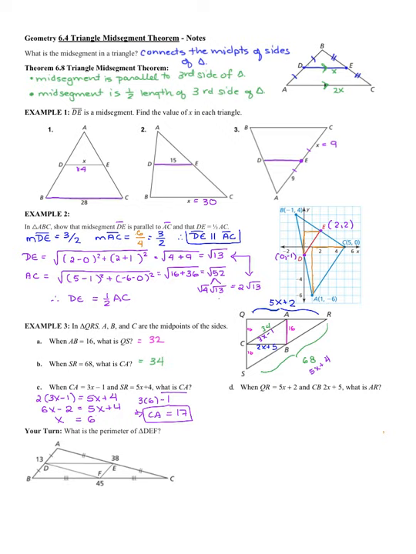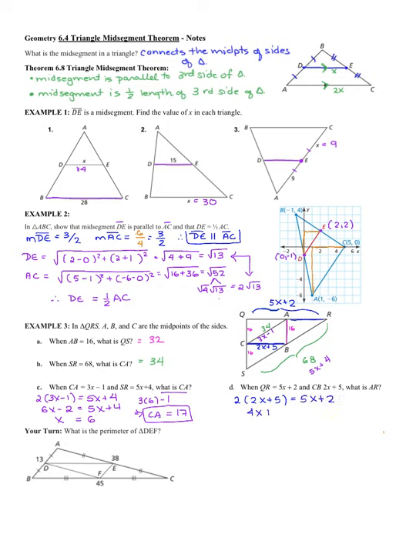Okay, well, realize that AR and CB are going to be the same length because AR is half of QR. But first we have to figure out what is x. So once again, we take our mid-segment, CB, and we double it. So twice 2x plus 5 has to equal 5x plus 2.